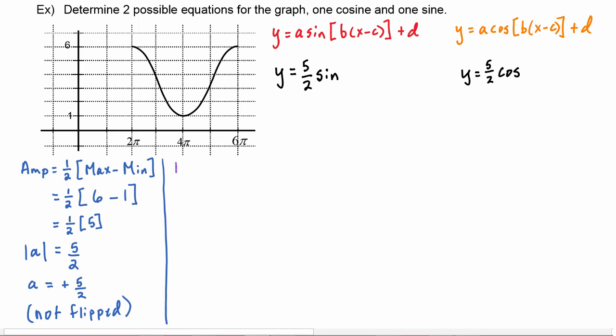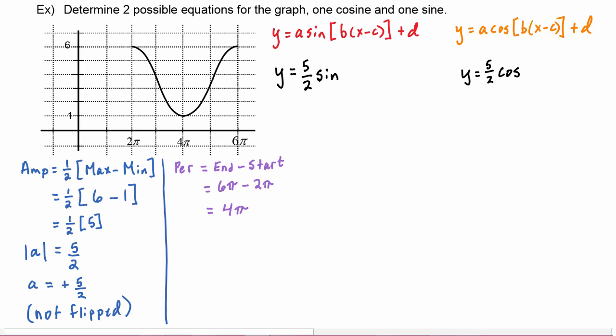Next, we can find the period. We know that we're going to do the end value minus the start value. And looking at the graph, we see that it ends at 6 pi. It starts at 2 pi. So that means the period is going to be 4 pi.